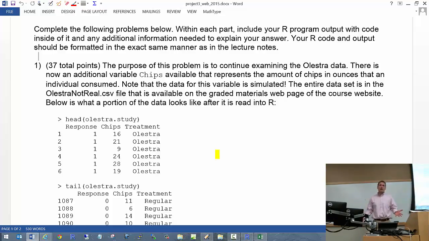In particular, some of the theory behind the problems with Olestra was that since it was this fat substitute, you'd be retaining less of the fat from the potato chips when you eat it.